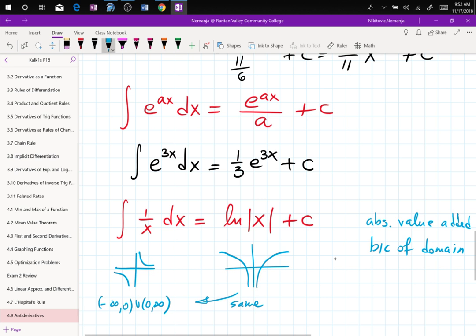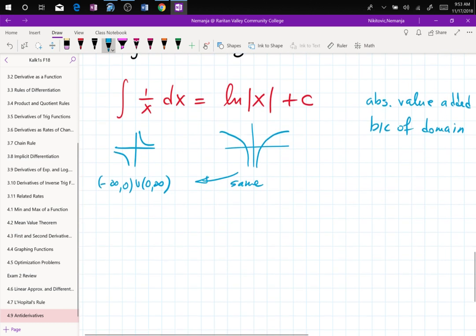So absolute value is not there for decoration. It needs to be there. Now, there are no examples for this, because it's just a single case. If you ever see 1 over x, it's ln absolute x. There's no numbers that we can change.